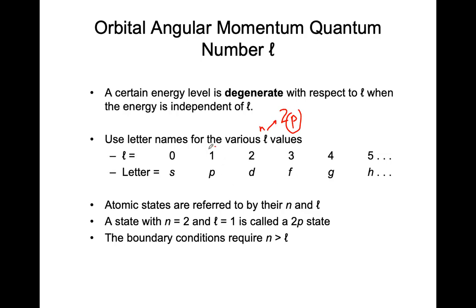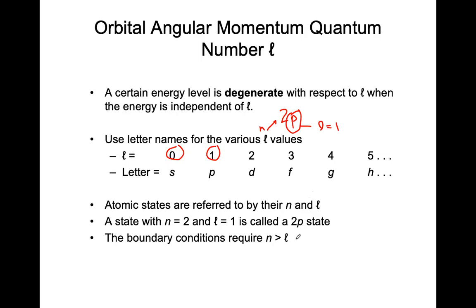So in the case of p, that means L is equal to 1. So that's a possible one, right? 2, 1, that works. The other possibility for 2 would be 2s, right? Because you can have L equals 0 for a 2 state. So the first number is the quantum number, and then this letter, for some reason, is what tells you what the value of L is. Okay, and that's about it.